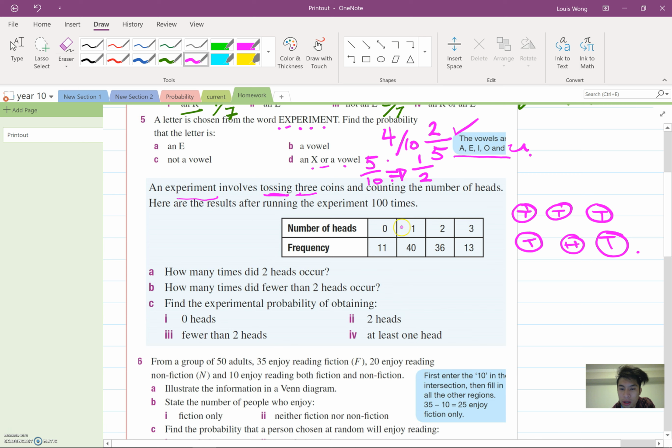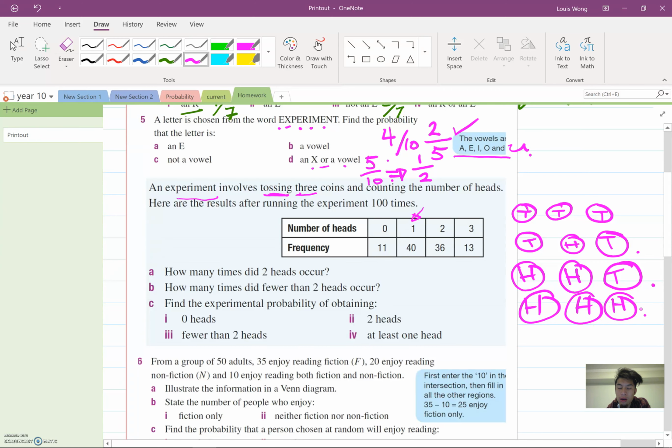Doesn't matter which order, as long as you've just got one of them. Or 2 of them could be heads, and then the other one a tail. Or all of them could be heads. So those are our 4 options, and we're going to do every even one.